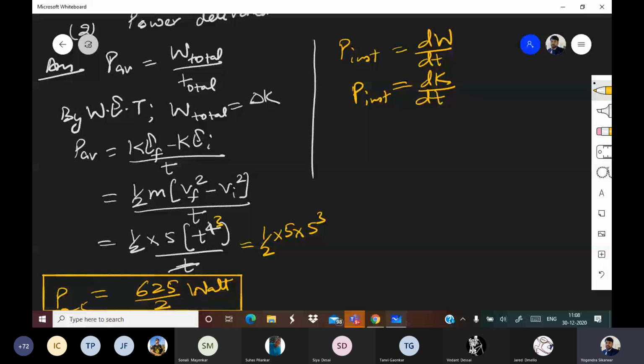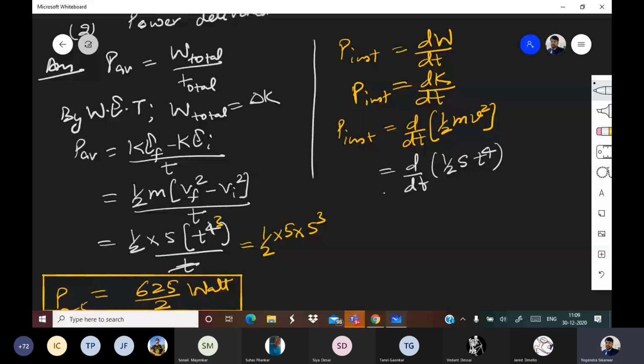That will be d by dt of half into 5 into t to the power 4. So half into 5 into 4 t cube. So that becomes 10 t cube. That is PINST.